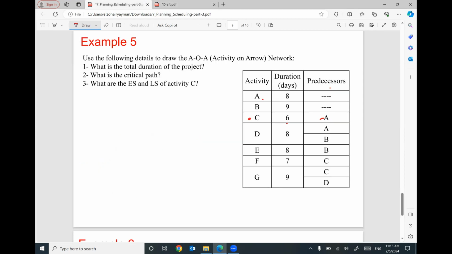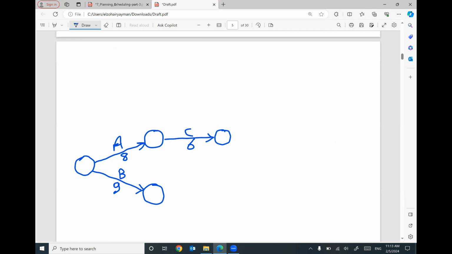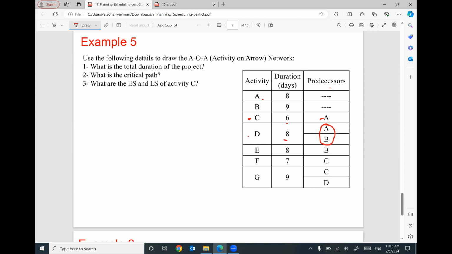Activity D has a predecessor A and B. So how can I make A and B predecessors for D? It's very simple. Just draw a dummy activity like this. That means I cannot start D until you finish A and B. The duration is 8.